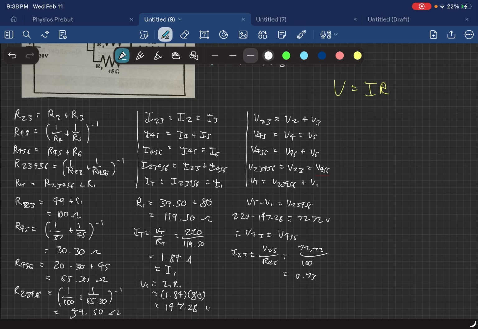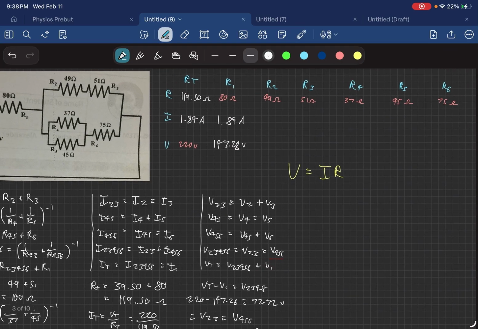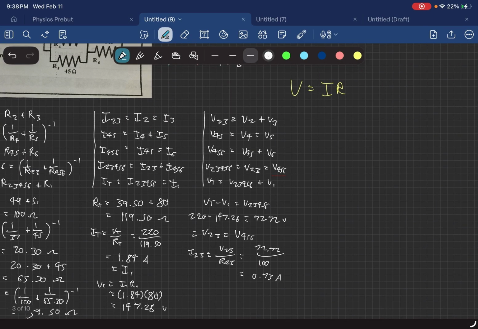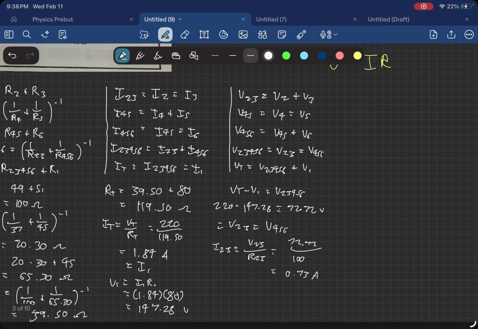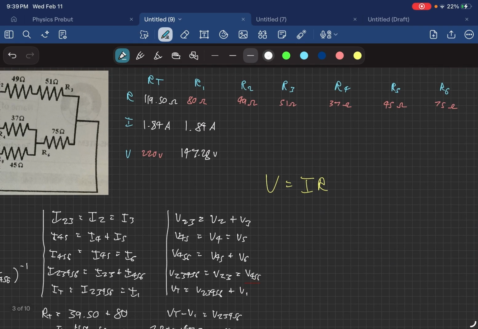So 0.73 amperes. Your I23 is also equal to your I2 and I3, so let's write that, 0.73 amperes, 0.73 amperes.